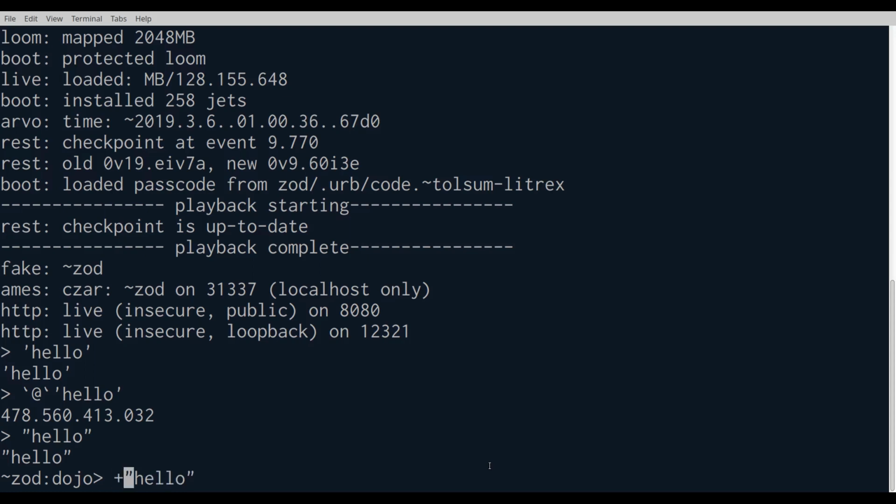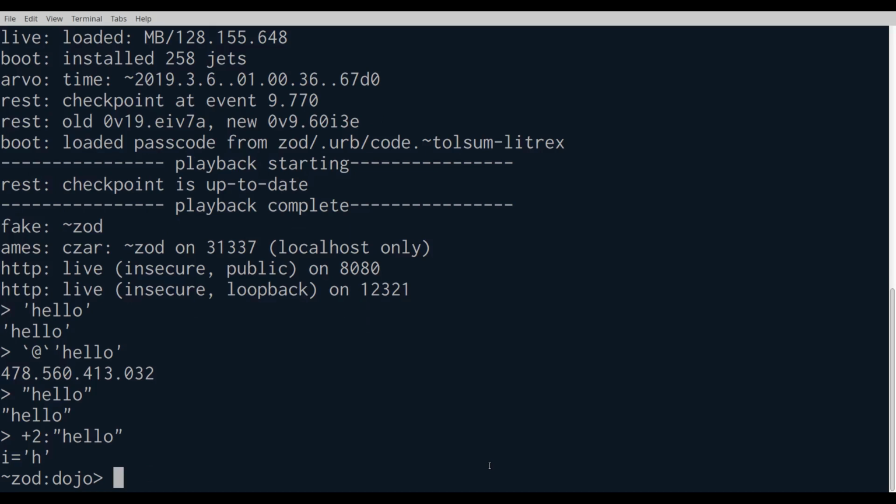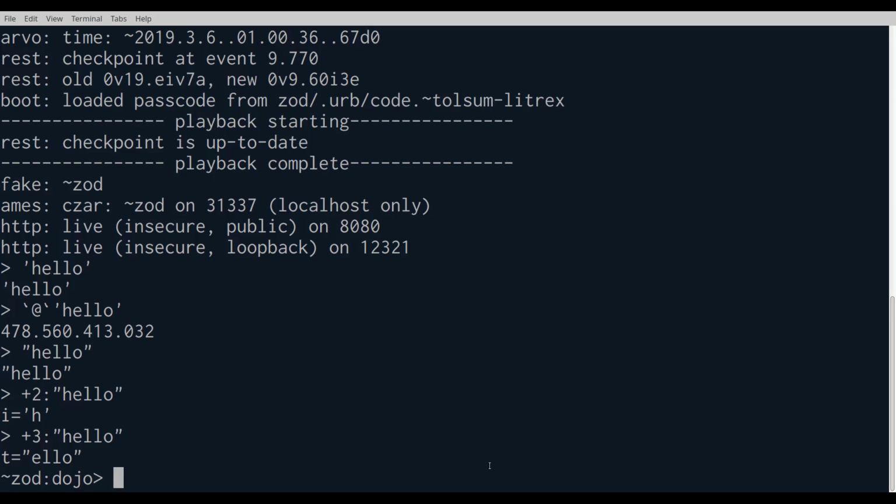So since this is a list, we can go ahead and index into it like we have been doing with all of the other cell-based data types that we've looked at. We go ahead and look at 3, and here we see the same sort of pattern where the first thing in the list is the first element, and then the last part of the list, the tail of the list, is the rest of the list.